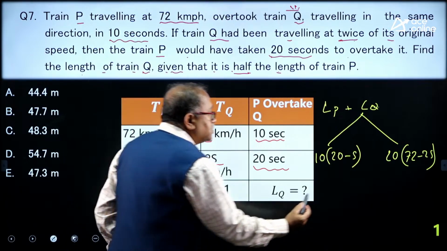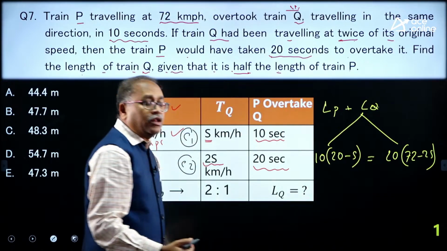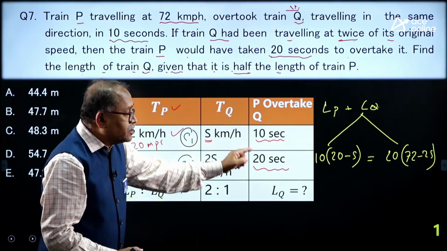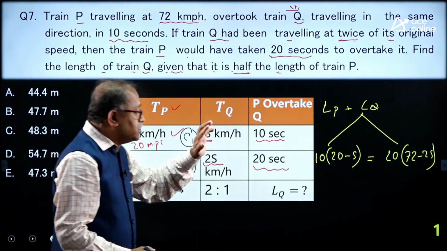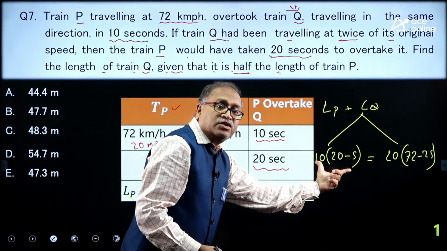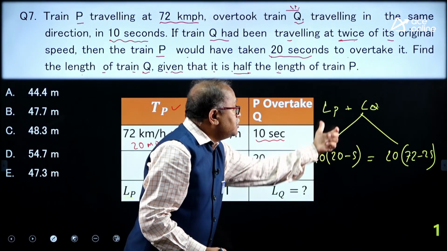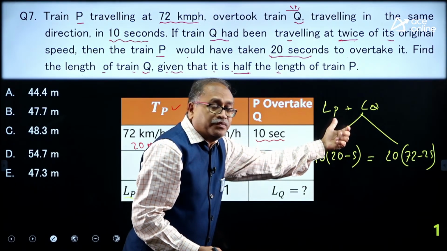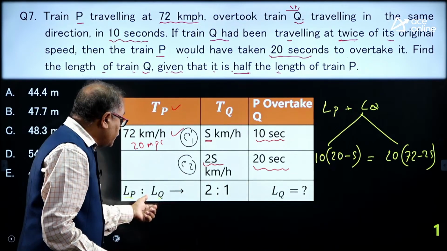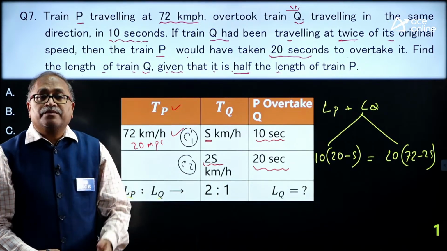That means these two expressions are equal. From there I will get s, and once you get the s value, replace it in the first expression and you get the total distance, the length of P plus length of Q. Once you get the total length, use the ratio and find out the length of Q.